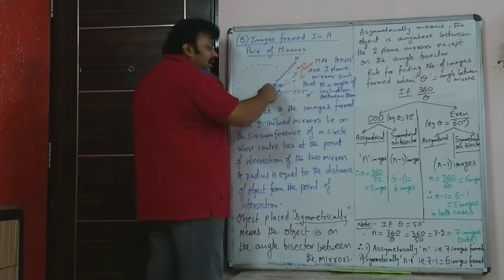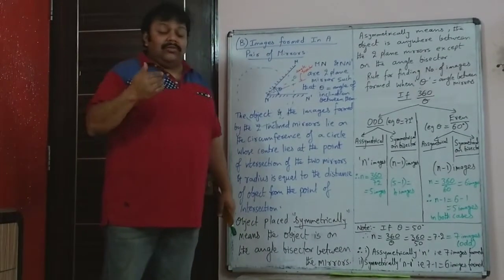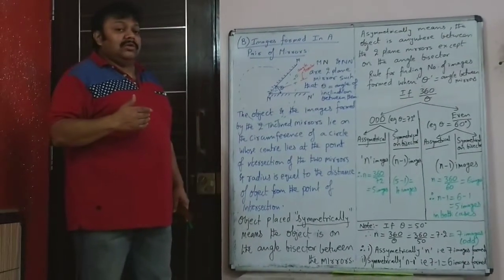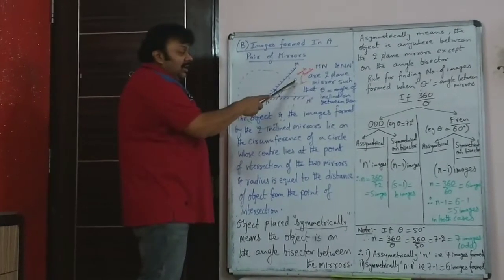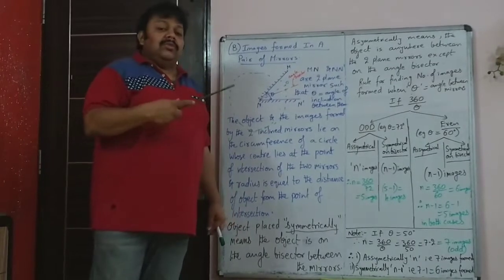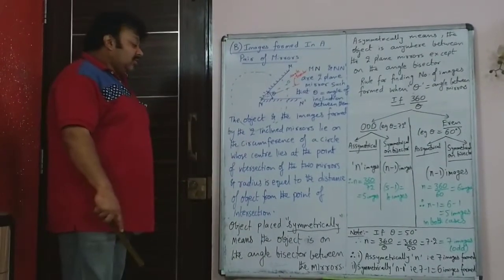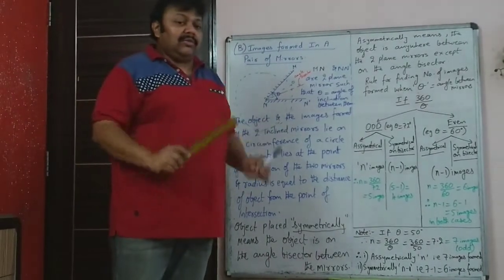So if it lies on the angle bisector, it means that the object is symmetrically placed between the two inclined mirrors. And if it does not lie on the angle bisector, like the example I have shown here, then it means that the object is asymmetrically placed between the two plane mirrors. So you have either symmetrical or asymmetrical.